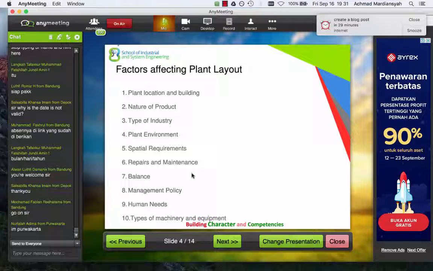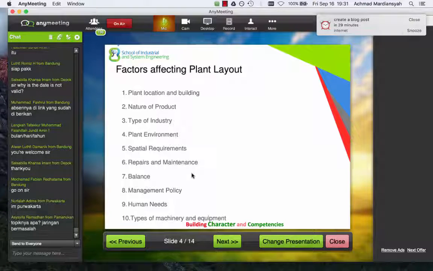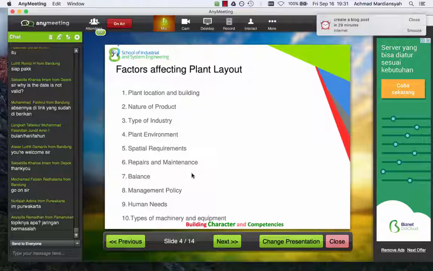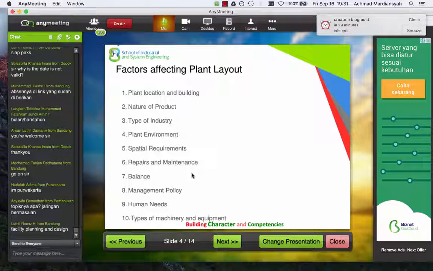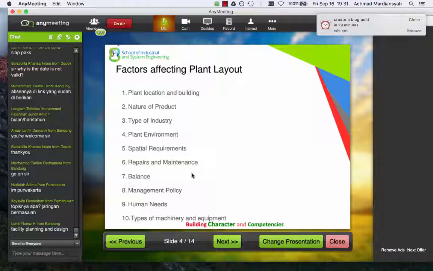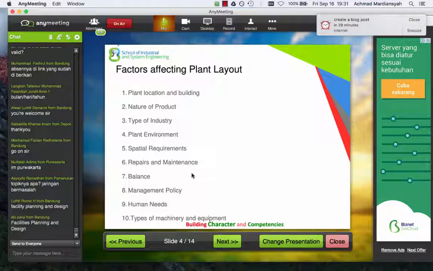That's why facility planning is a teamwork job. It cannot be handled by one person. You have to consider a lot of things: plant location, building, nature of products, industry, and many other factors.